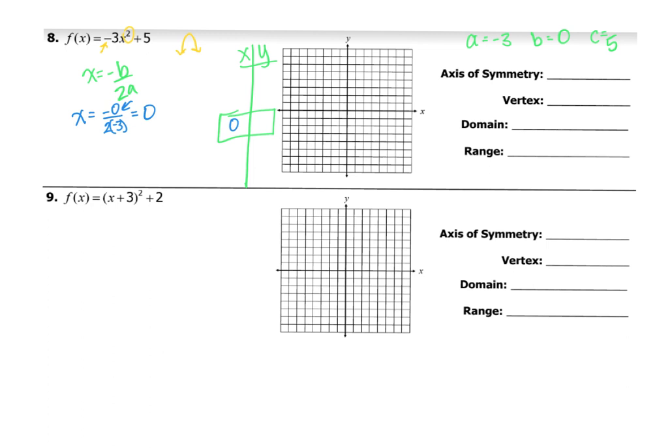Okay, and then we would plug that back in. So this would be negative 3 times 0 squared for x, okay, plus 5, and that will equal 5. So our vertex, we know now, is at 0, 5. So we're going to stay here in the middle and go up 5 spaces and plant our dot. That means our axis of symmetry always passes through the vertex.